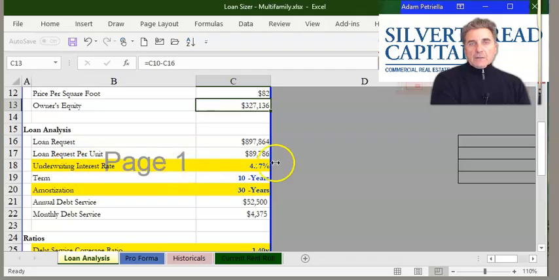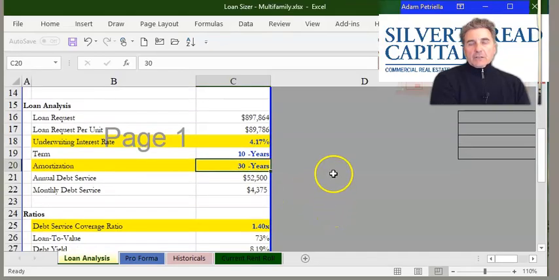The interest rate is used. There are three things we need to know: the interest rate that the bank is using to size up a loan, the amortization that they're using, which could be either 20, 25, or 30, and the debt service coverage ratio that the bank will be using.